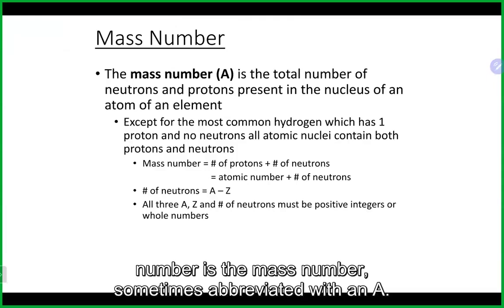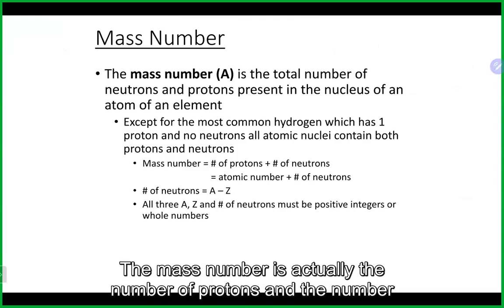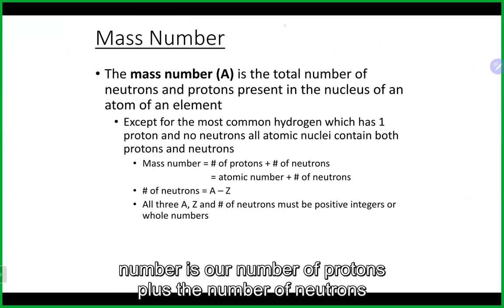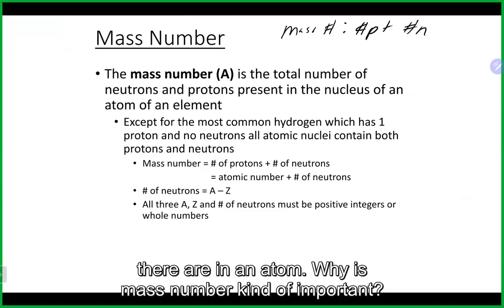Another really important number is the mass number, sometimes abbreviated with an A. The mass number is actually the number of protons and the number of neutrons there are in the nucleus of an atom. So the mass number is our number of protons plus the number of neutrons in an atom. Why is mass number kind of important?